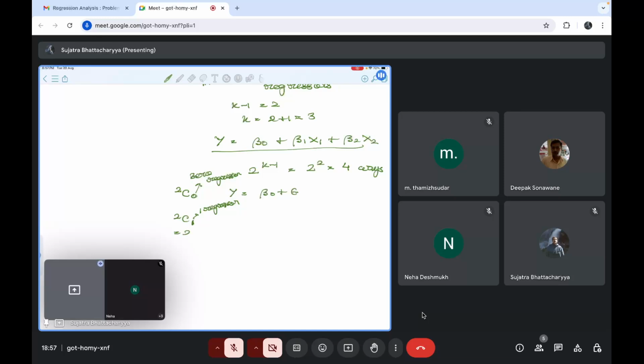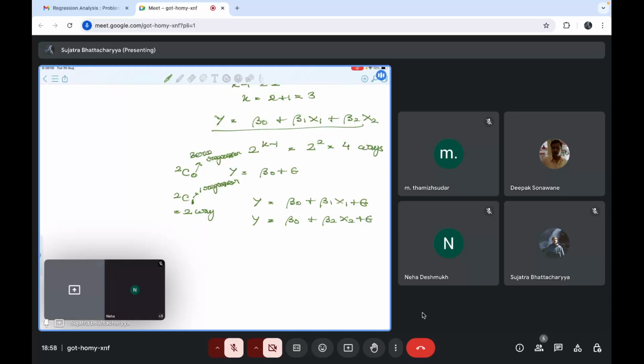This has to be in two ways, right? One regressor will be there, so it can be either y equal to beta naught plus beta 1 x1 plus epsilon, or y is equal to beta naught plus beta 2 x2 plus epsilon. These are the two ways you can write. Is there any other way? No, because there has to be one regressor. You cannot have all.